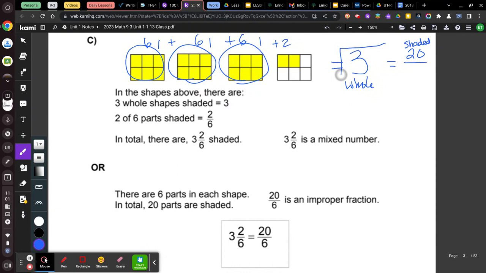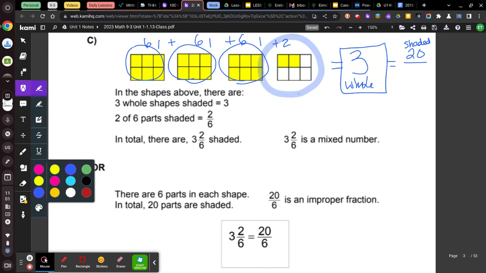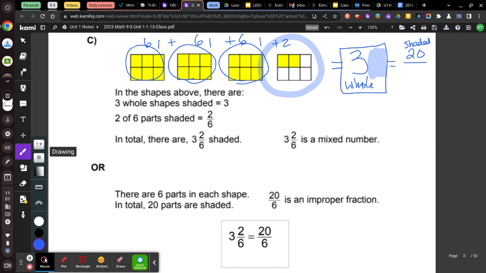Okay, as a mixed number, my whole goes first. How many are left over? This part is my leftovers right here, which is going to go right here. So I have to put that as a fraction. How much is shaded in that last object? 2 out of how many squares?